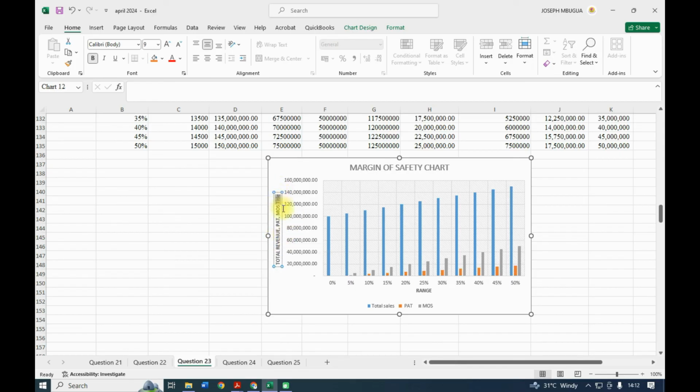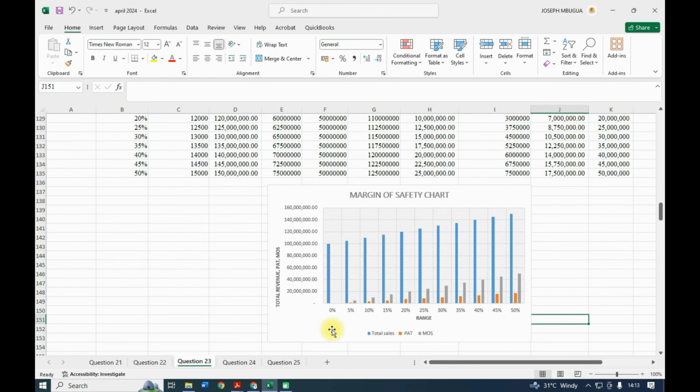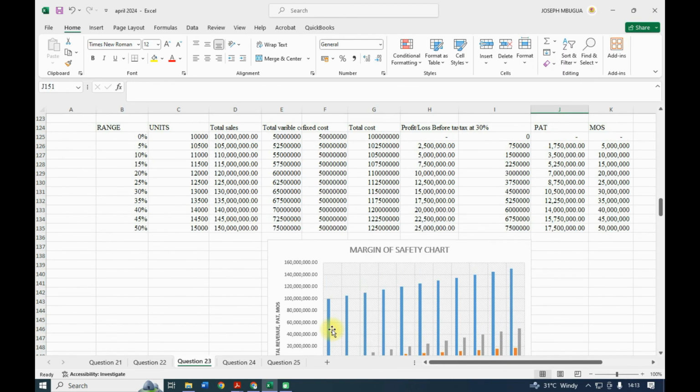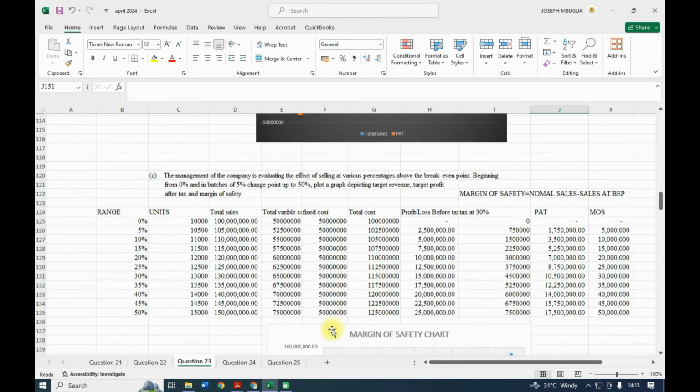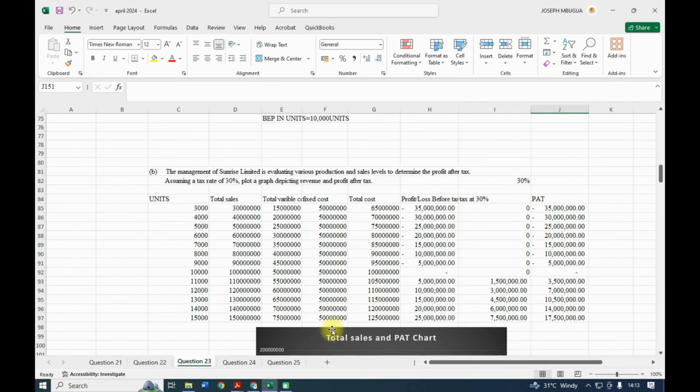So those are our values that we have at that particular point. And you can see the comparison from the range. So it shows total sales, the profit after tax, and margin of safety. And that is all that was required to be done on this particular question.